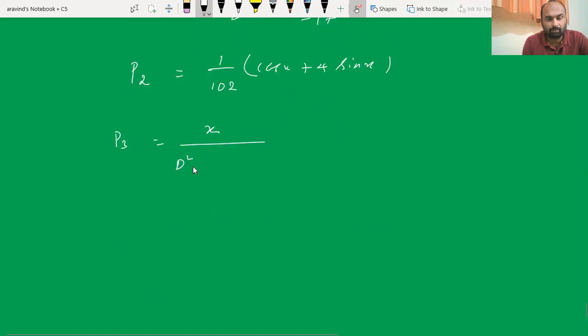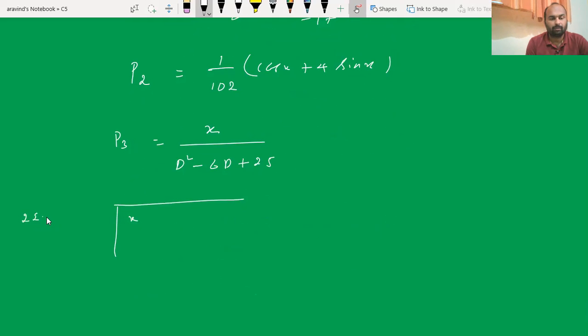Then P3 is x divided by d square minus 6d plus 25. So we have to use the division method. So write x here, and 25 minus 6d plus d square. So divide x by 25. Here you will get x by 25. Then you should multiply this 25 into x by 25, that is nothing but x.